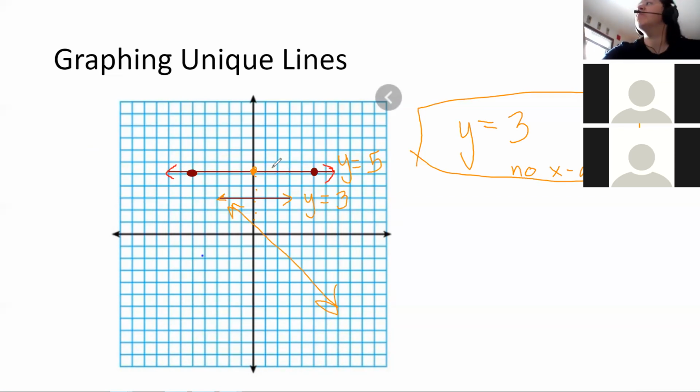So what types of slopes would be flat? Like the line's not changing at all. So what do you think it should be? If the line doesn't change, it's not undefined. What's the other one?